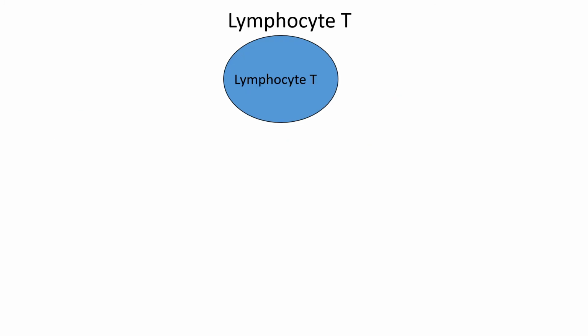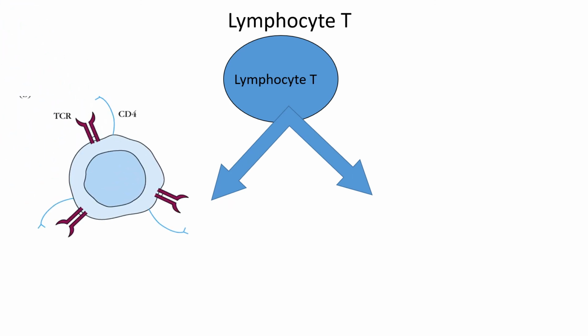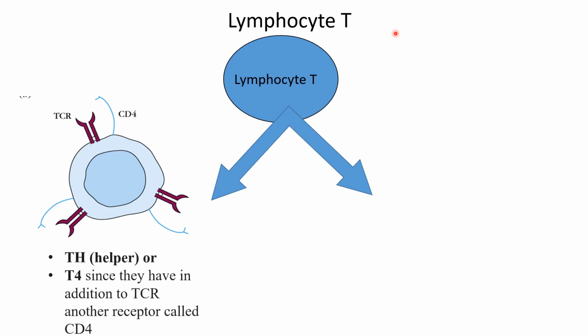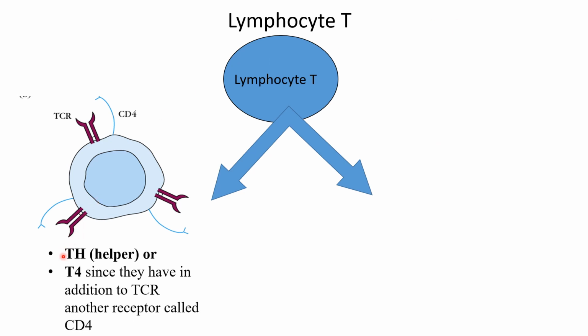What about lymphocyte T? The lymphocyte T are divided into two kinds. The first kind that we call T helper or T4. T helper, because this type of lymphocyte helps other immune cells, and this will be discussed in chapter 7.